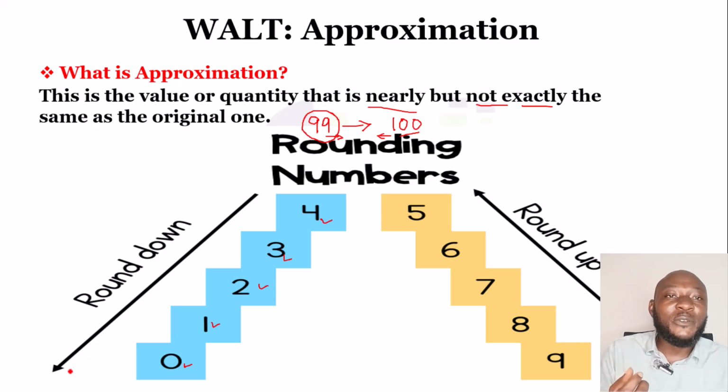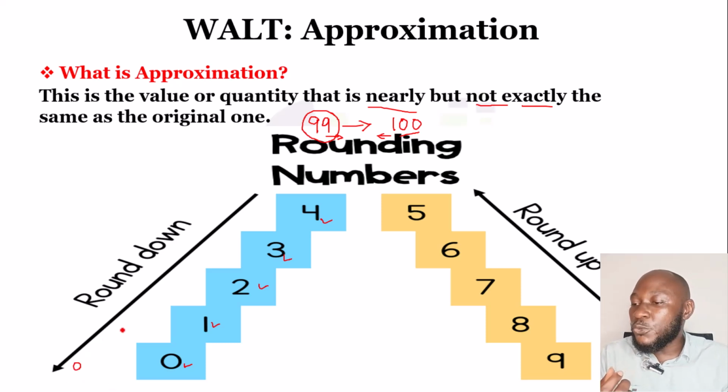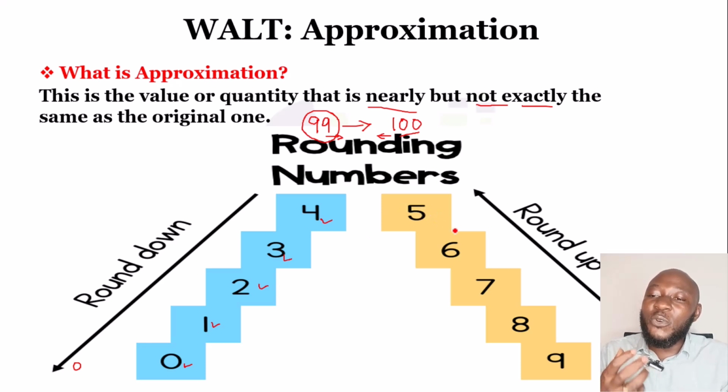And what do you round down to? You round down to 0. Now if the number falls within 5, 6, 7, 8, and 9, you round up. And what do you round up to? You round up to 1.